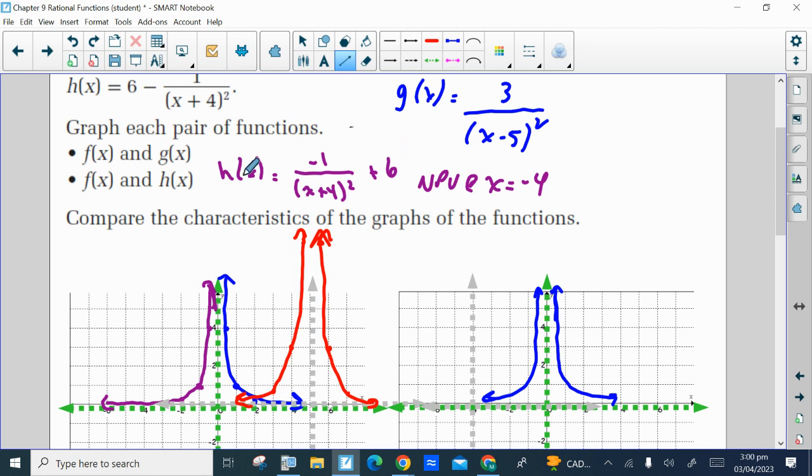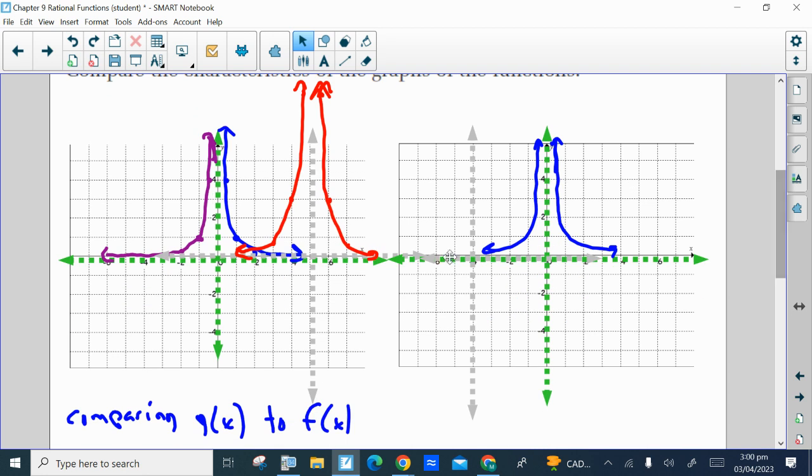The only way h at x can equal 6 is if this first part is 0, and it can't equal 0 because the top is a constant. So my horizontal asymptote is at y equals 6, because the rational part can never equal 0, so the whole thing cannot equal 6.